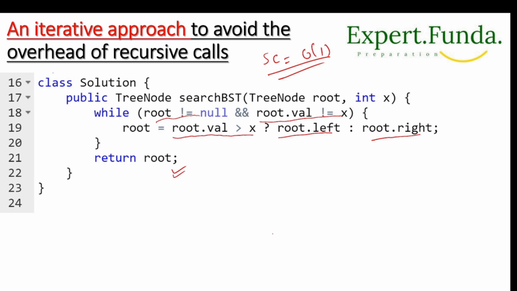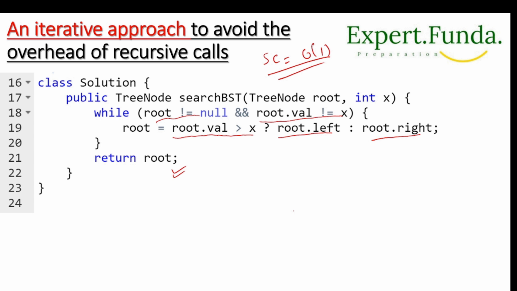It improves your space complexity from O of h to O of 1, because we are not using the call stack for the recursion. Like that you can say, and you can move further.